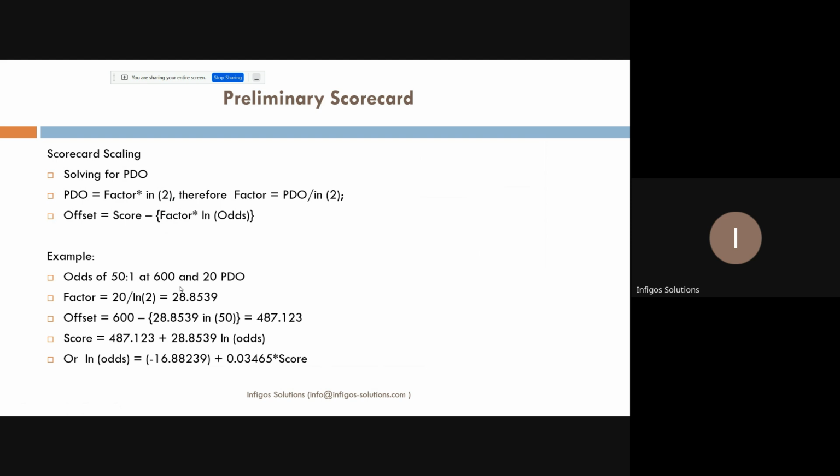I'm not sure, but then you will make different assumptions about the PDO and odds. So depending upon the country, you will make a decision where you want your score to fall for a good customer and for a poor customer. Make sense? Yes, sir. Thank you.